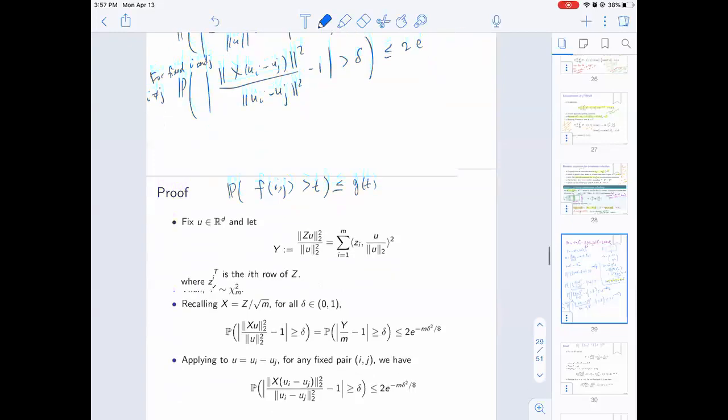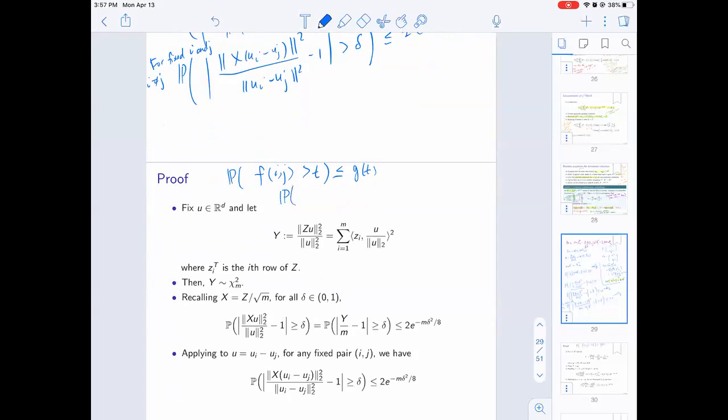I want to say, what is the probability that the maximum over i not equal to j of this function is bigger than t? This would be the probability of the union of these events, f of i and j bigger than t, i not equal to j. So the maximum is going to be bigger than t if at least one of these terms is bigger than t. So that would be a union. Okay, so this event is the same as this event.